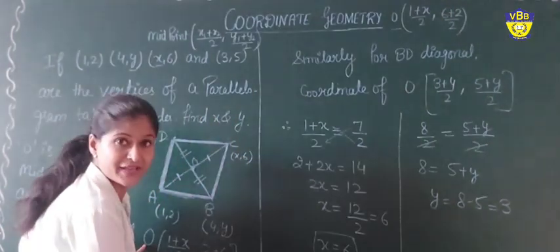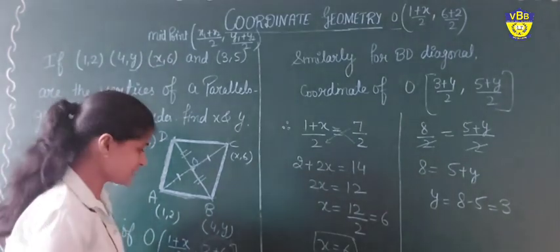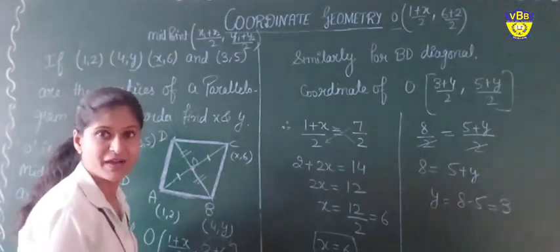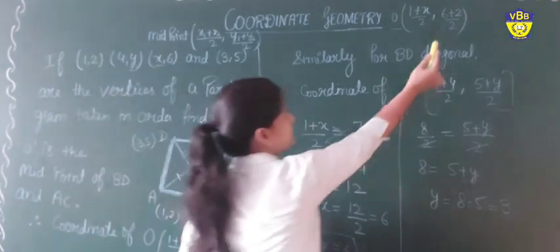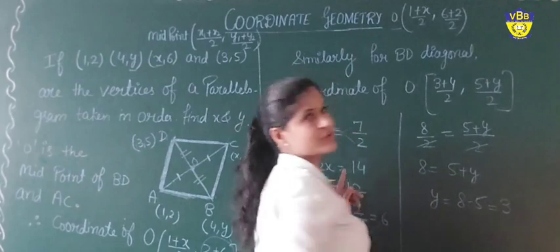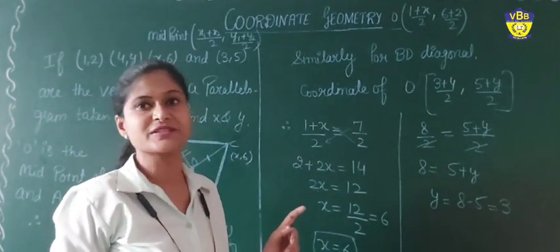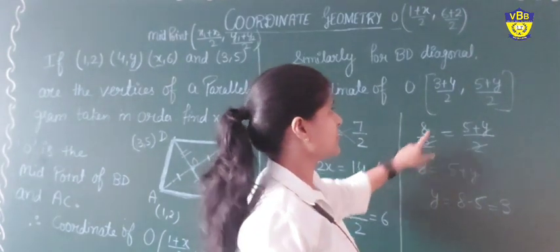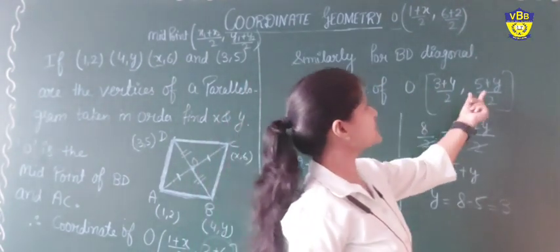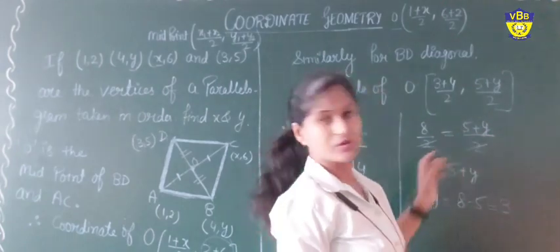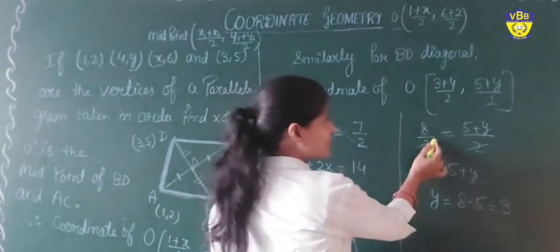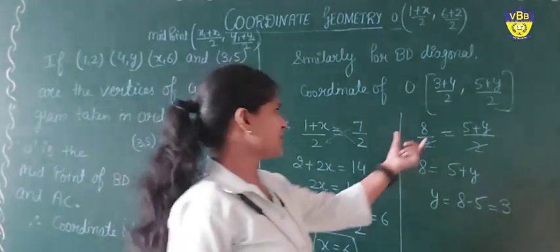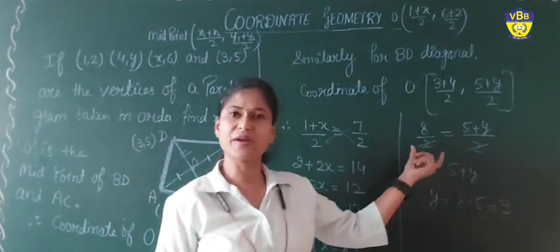Now the y coordinate of O is 2 plus 6 divided by 2, which is 8 by 2, that is 4. Equate it with the y coordinate of the other, that is 5 plus y by 2. You can cancel out the 2s, as it has no effect on our equation.